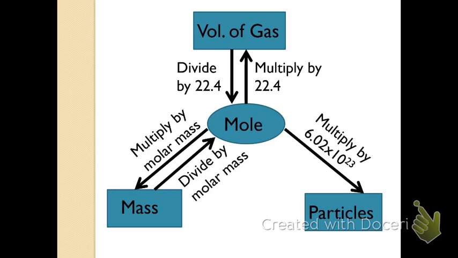To get from particles back to mole, I have to divide by Avogadro's number of 6.02 e to the 23. So all of the things that we have can easily be acquired by either multiplying from the moles to or dividing back to the moles from.